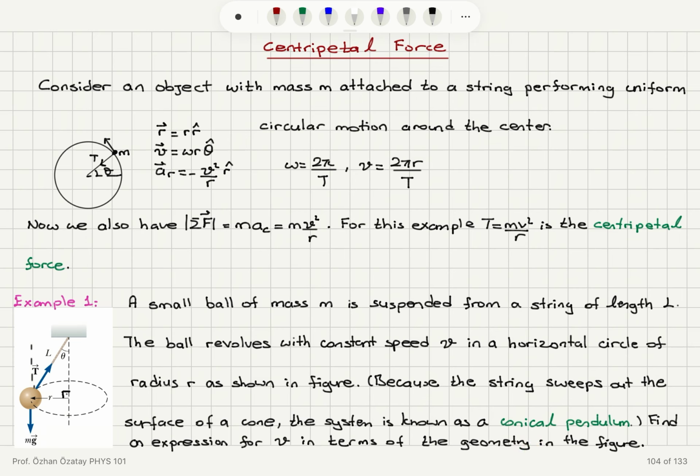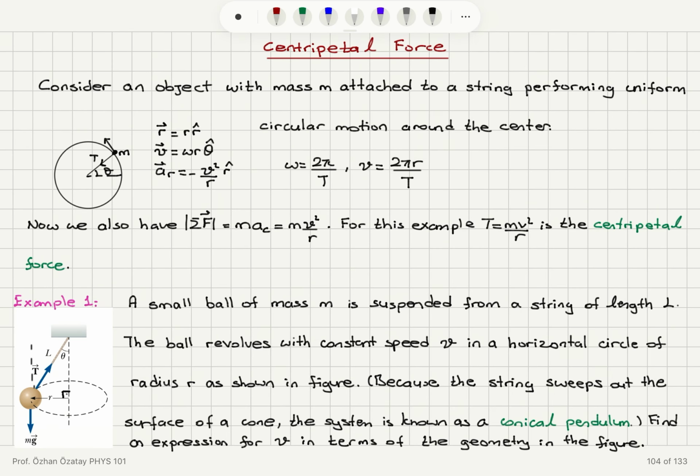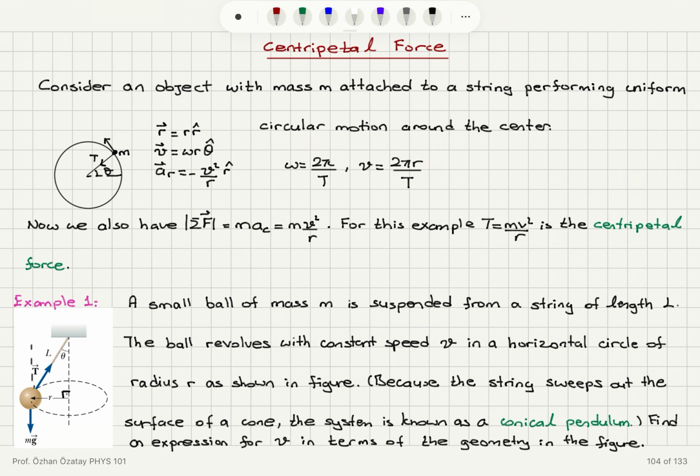Now, what I'm going to do is draw a free body diagram for this ball. So I have to identify the forces acting on it. The first force is the tension. The second force is the weight mg that is pointing down. Okay, so as you can see, it's performing uniform circular motion under the influence of tension, which makes an angle theta with the vertical.